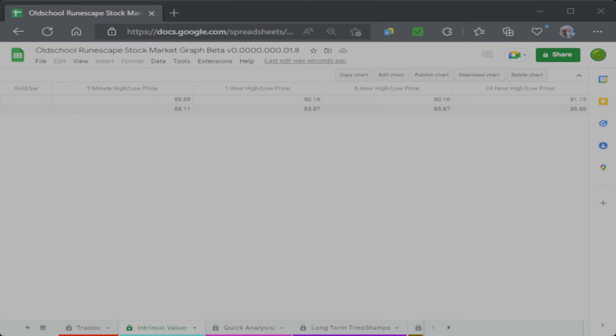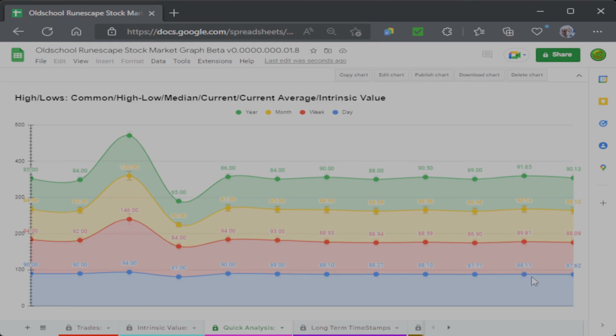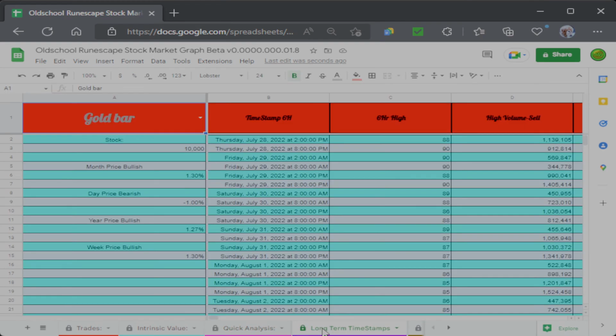If the market's doing bad, well, then you'd be paying less for it and selling it for less, but you'd still be selling it for a profit. But here's the quick analysis. So this is all the different prices that you could possibly get. It's not 100% accurate, let's put it like that.